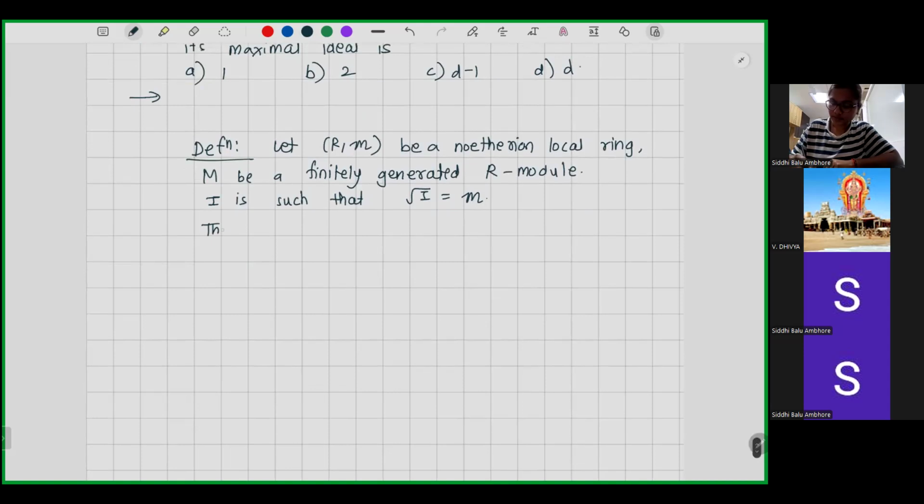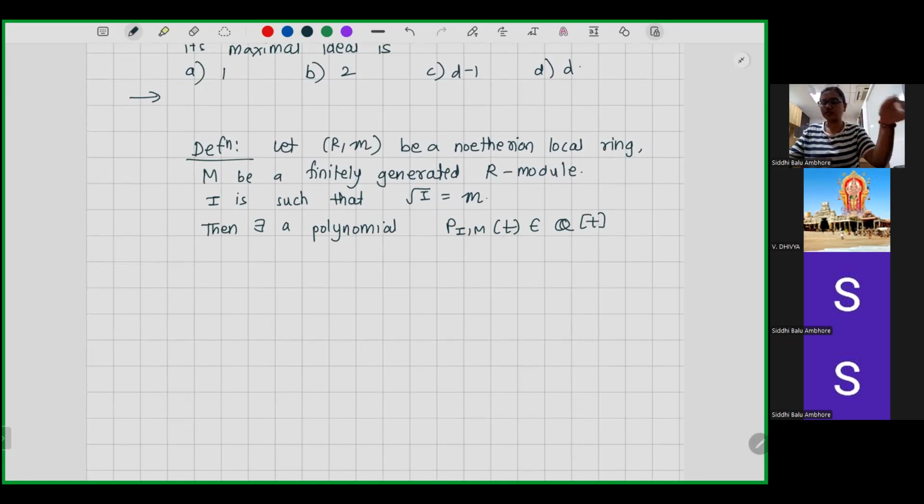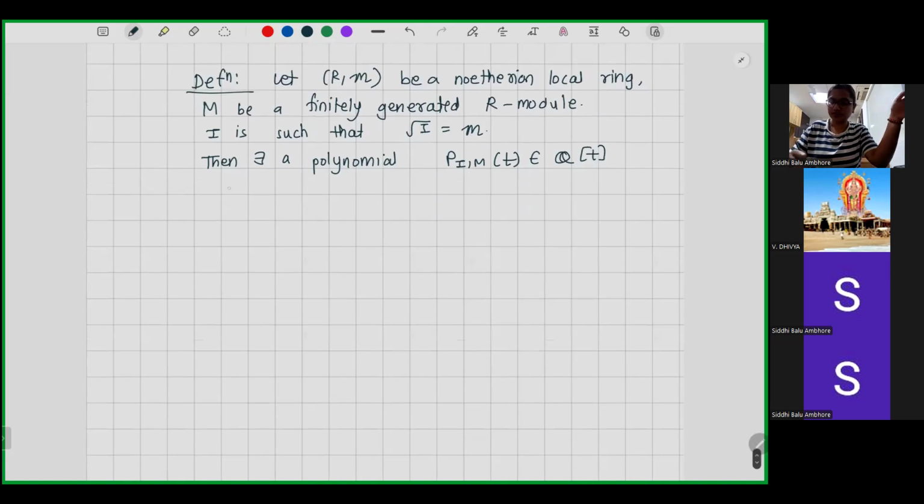Then there exists a polynomial P_{I,M}(t) in Q[t] such that for all n big enough, the length of M mod I^{n+1}M is equal to P_{I,M}(n).